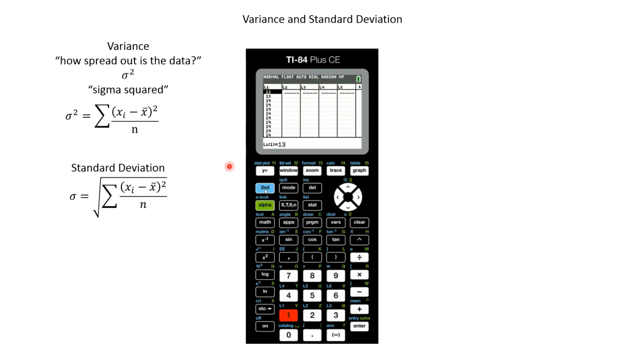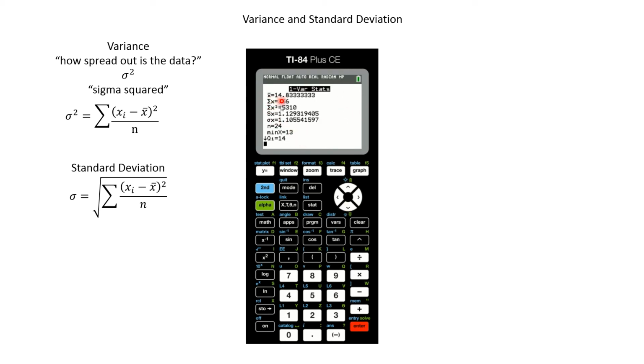And oh, look, my data's already there. It's almost like I'm saving time. So quit out of that, then Stat, over to Calc, same place as we go for all of our regressions. We're going to choose the top one, one variable stats. We do that, list 1, frequency list we don't need, then calculate.